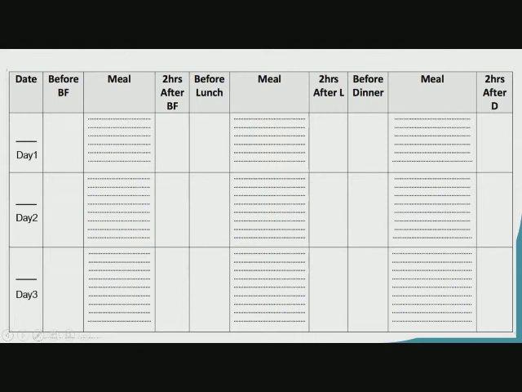Let's see how many tests we have. One before breakfast, 2 hours after breakfast, that's two. Before lunch, 3. 2 hours after lunch, 4. Before dinner, 5. And 2 hours after dinner, those are 6 times check.